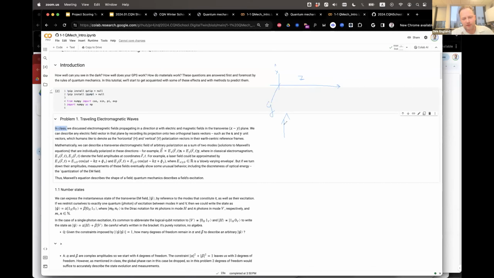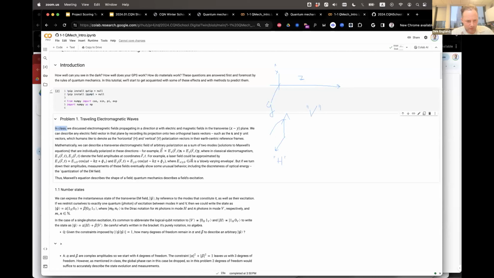So we could call this the vertically polarized electromagnetic field. This refers to the electric field component. And the other mode is the horizontally polarized electromagnetic field.